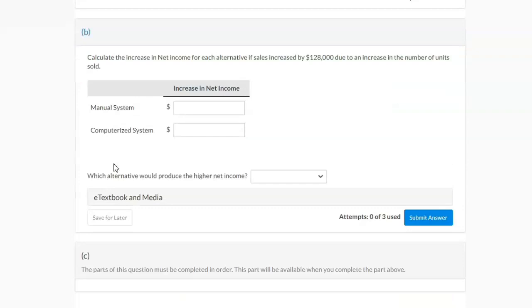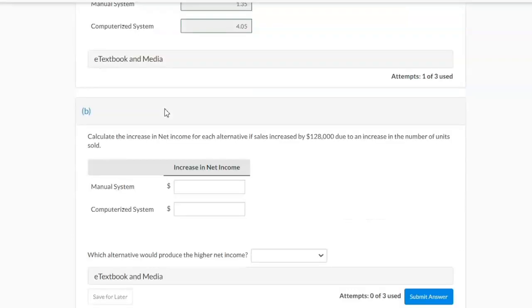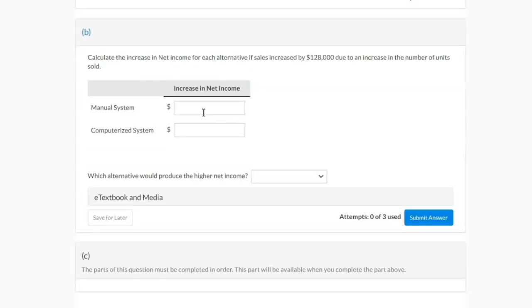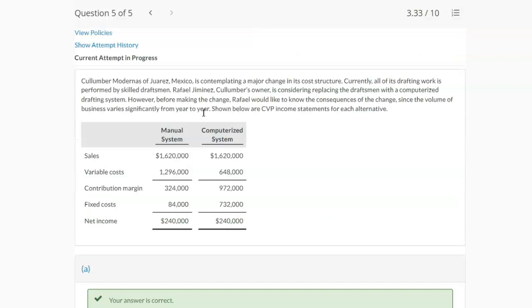For the manual system, all you have to do is take 0.079 times 1.35, and the profit will be 240 plus that. Net income would also increase by 0.079, correct?